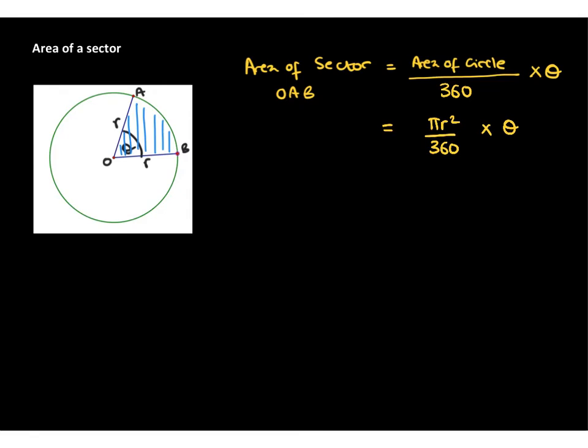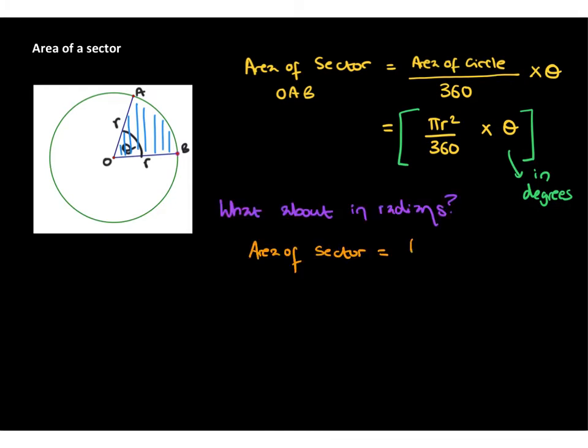But again, this particular formula is very specific when we work in degrees. You can see theta is originally measured in degrees, and 360, of course, is measured in degrees. Again, what we're going to do is convert this formula to one that works in radians. The pi r squared in the numerator stays the same, but instead of 360 in the denominator, we have 2 pi, and then we multiply by theta.